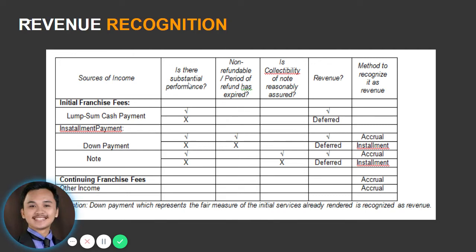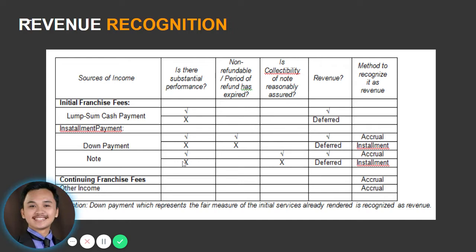However, if there is no substantial performance yet, then the revenue will be deferred first and accounted for under installment accounting. For the note or the equal payment of the balance, you also need to assess whether there's already substantial performance or not.